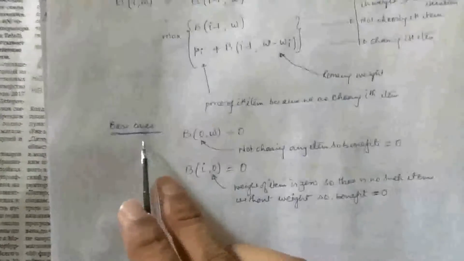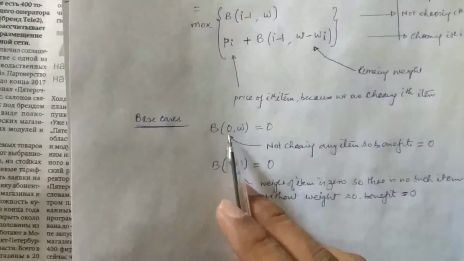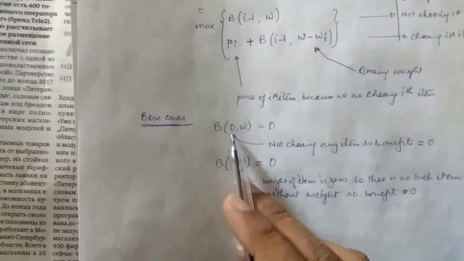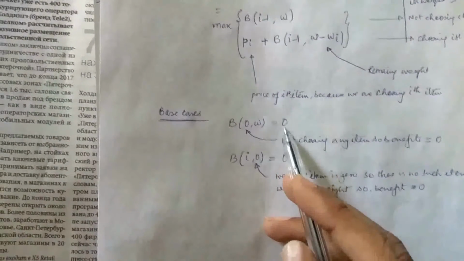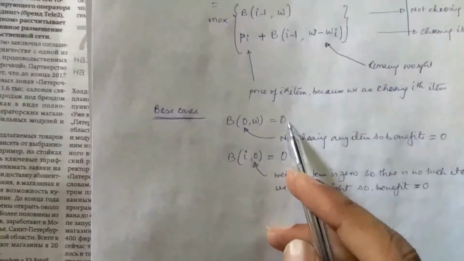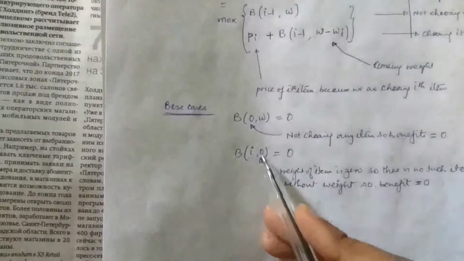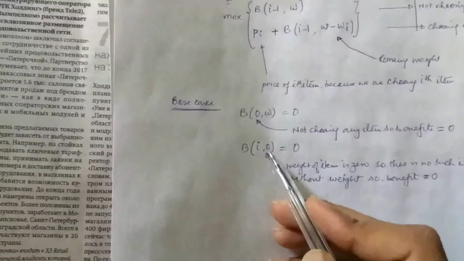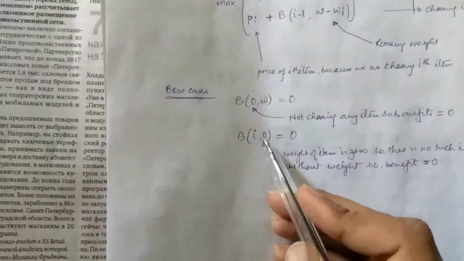So the remaining weight will be w minus wi, right? So the base case is, if we don't have any item, right? So we are not going to pick up any item, so the benefit is 0. If we have items but there is no threshold weight, that is, there is no bag with us.